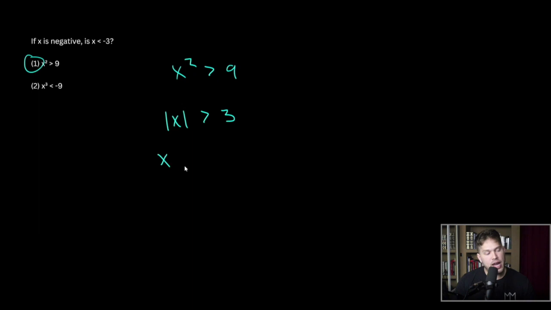It implies that x is either greater than 3, or that x is less than negative 3. And as we're told in the question that x is negative, that means we're looking at this inequality here. Therefore, statement 1 alone is sufficient to answer the question.